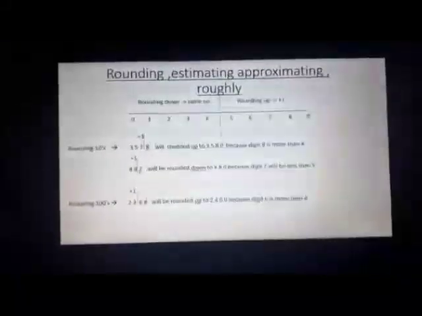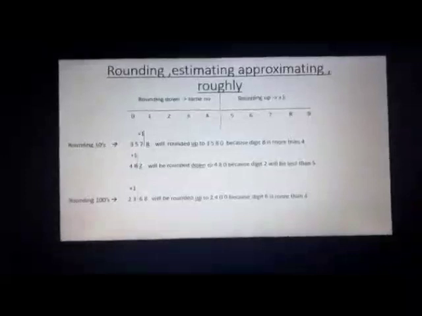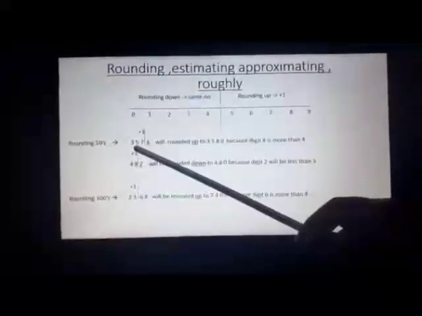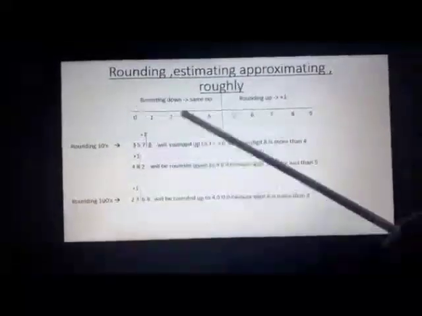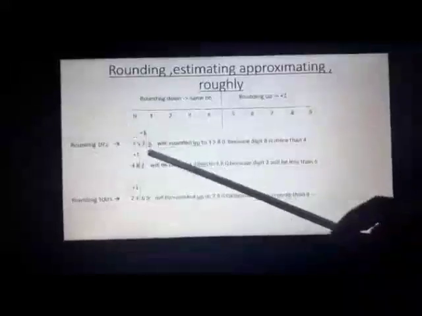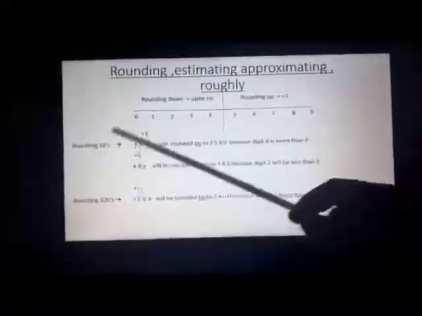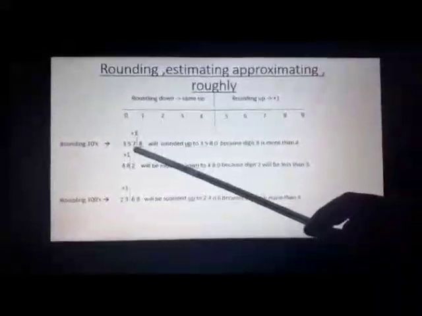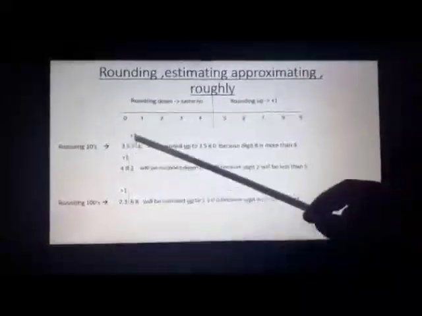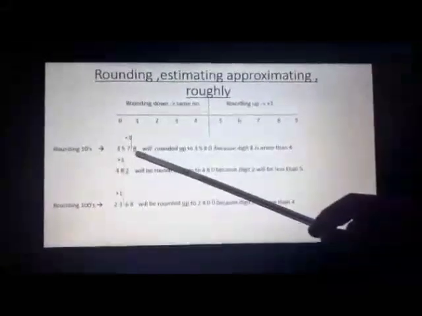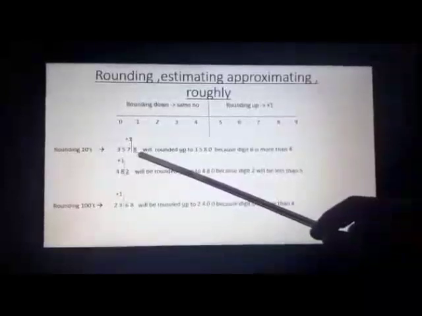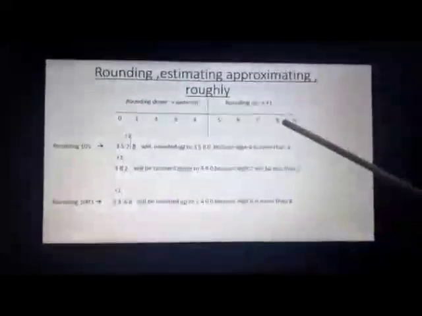Let us consider one example: 3,578. Now rounding to tens. Tens means how many zeros? 1. So after the tens place I will put a slash, and then observe the digit after the slash. That is 8.